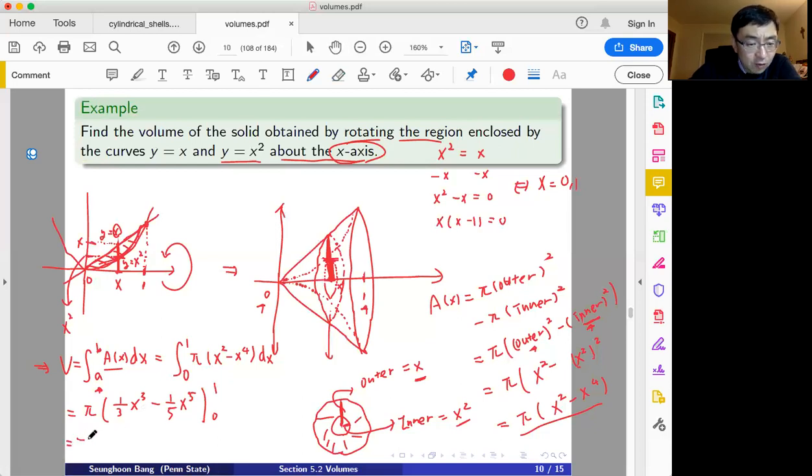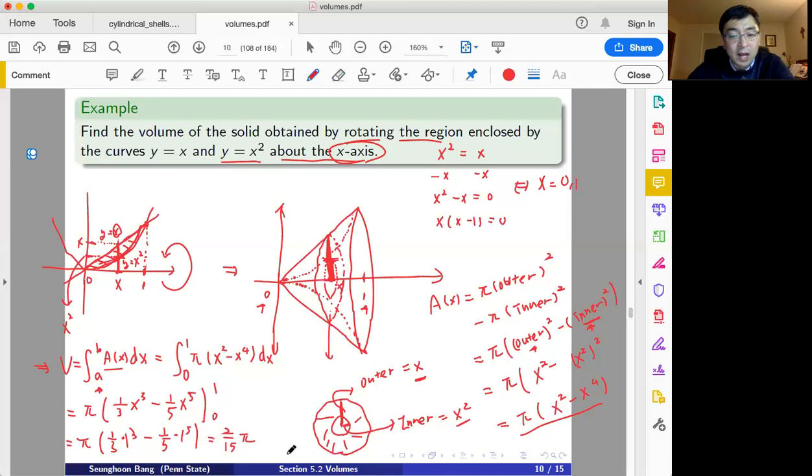You plug in 1: pi times 1/3 times 1 cubed minus 1 over 5 times 1 to the 5. You plug in 0, all things are 0, you don't need it. Only calculate. 1/3 minus 1 over 5 is 2 over 15. Answer is 2 over 15 pi.